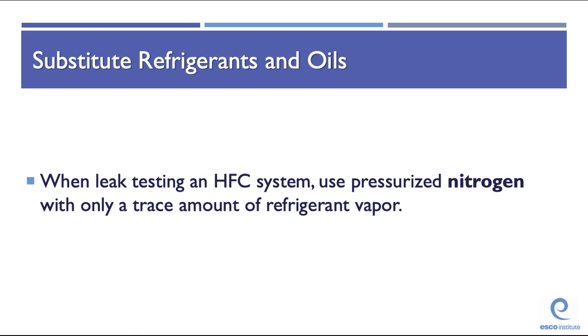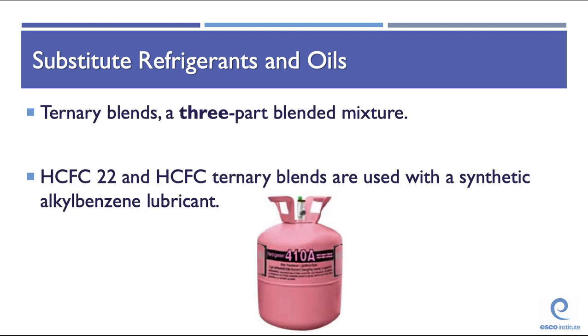It's also important to remember, again, to use nitrogen with only a trace amount of refrigerant vapor. In order to avoid contamination, use the same refrigerant as the system charge. This is not considered to be a refrigerant that must be recovered if you're only using trace amounts.